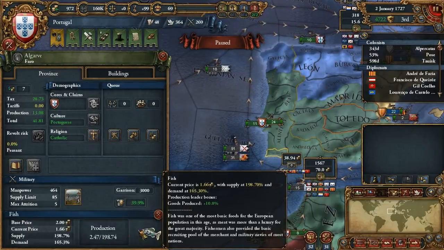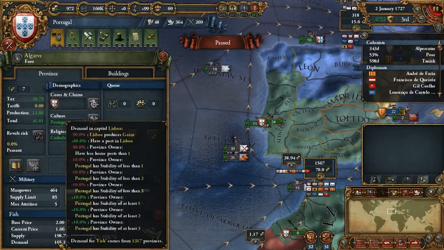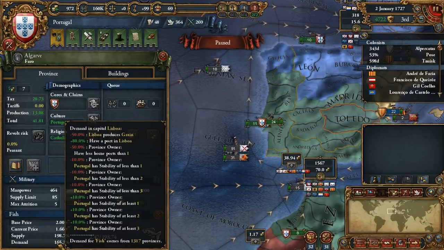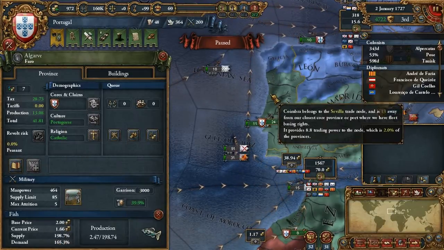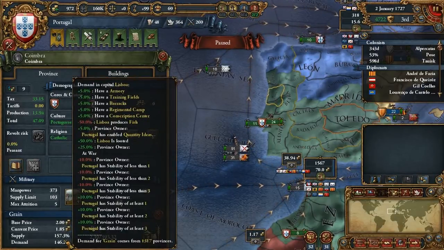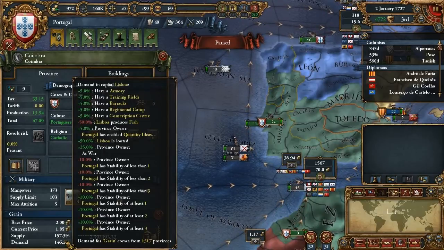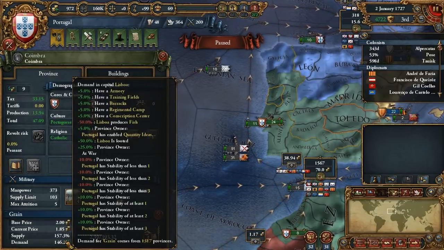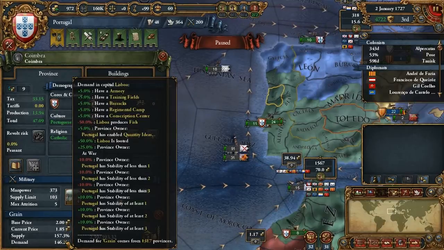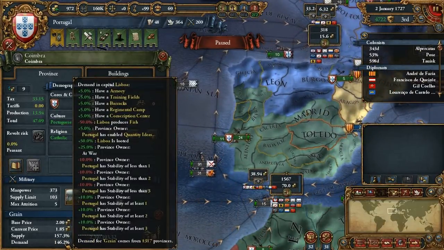I think you can get more detail if you hover over here, and on demand it'll tell you what affects each resource. Different resources will have different things affecting demand, but if you want to know more about this, go to the EU4 wiki and look up trading goods. I'm not going to go into that, but that's one of the things that affects it.